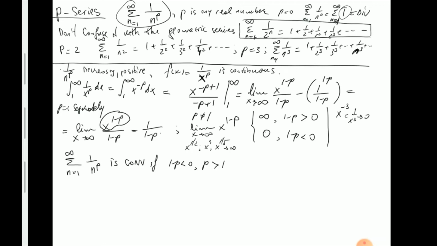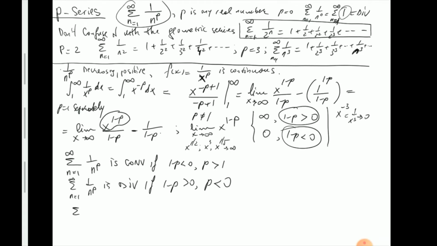If p is less than 1, the summation from 1 to infinity of 1 over n to the power p is going to be divergent, since 1 minus p is greater than 0. But the case p equals 1 was also dealt with before. We established this before, that this is also divergent.